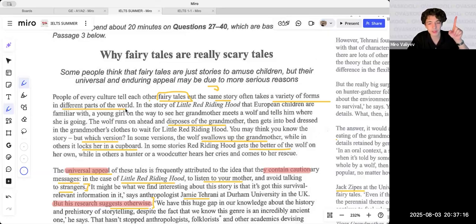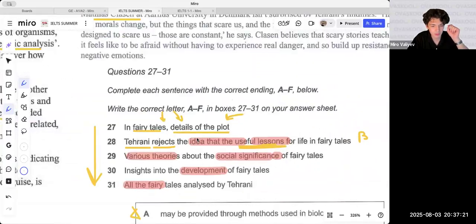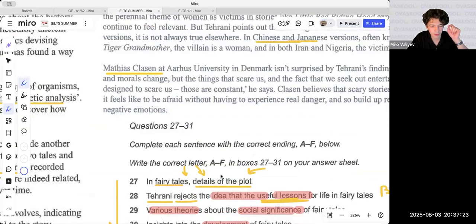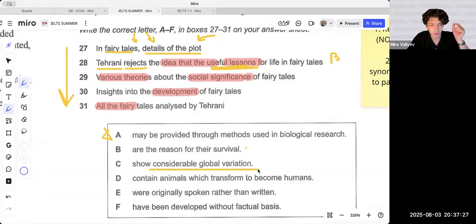So forms of the story show considerable global variation, because they are different in different parts of the world. World, global, different variation.